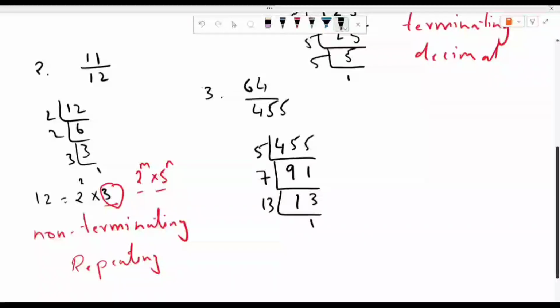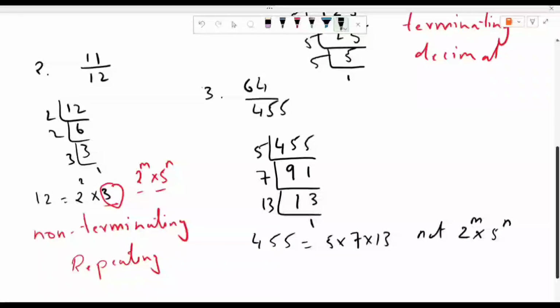So I can write 455 as 5 into 7 into 13, not in the form 2 to the power of m into 5 to the power of n.